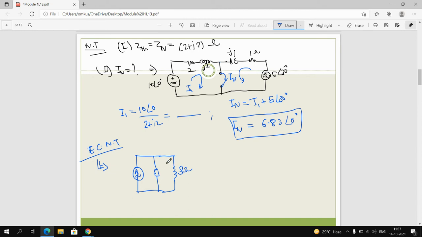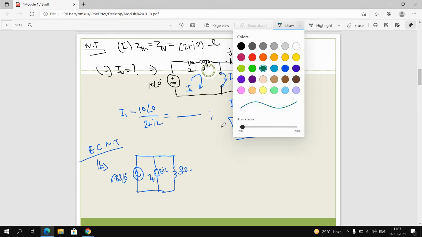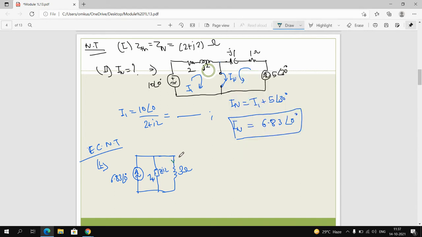Now what is the impedance? ZTH is 2 plus j2, right? Which is ZN here. For Norton's it is ZN. And the value of IN is 6.83 at an angle of 0 degrees. And here you need to calculate this I. So similarly, use the current division rule here.